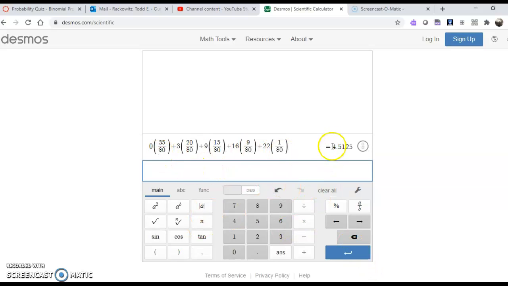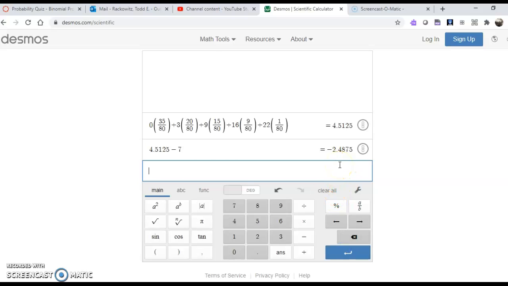So after you find those, since the game cost $7, you would take that value minus the $7. So you actually have a negative expected value.